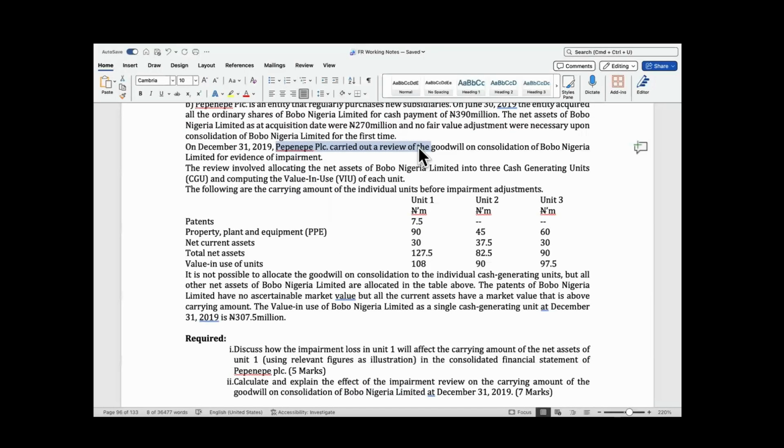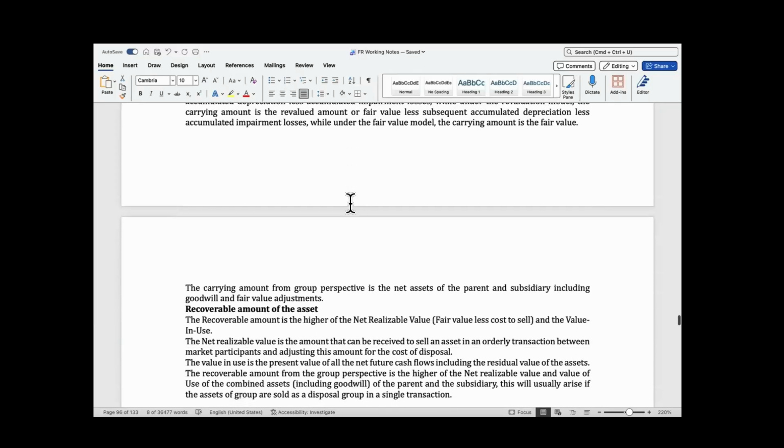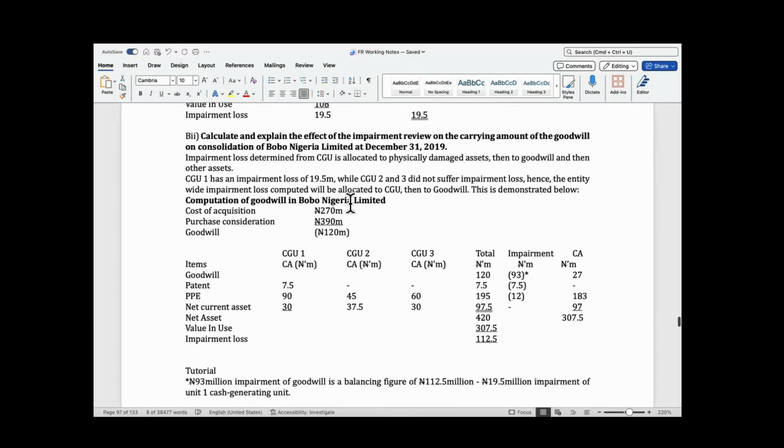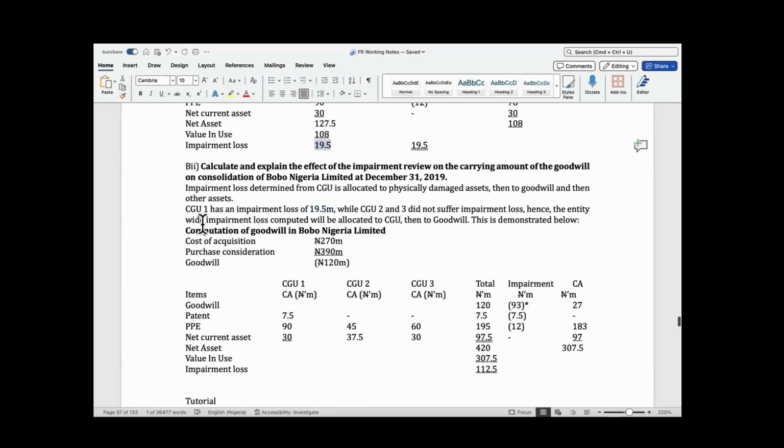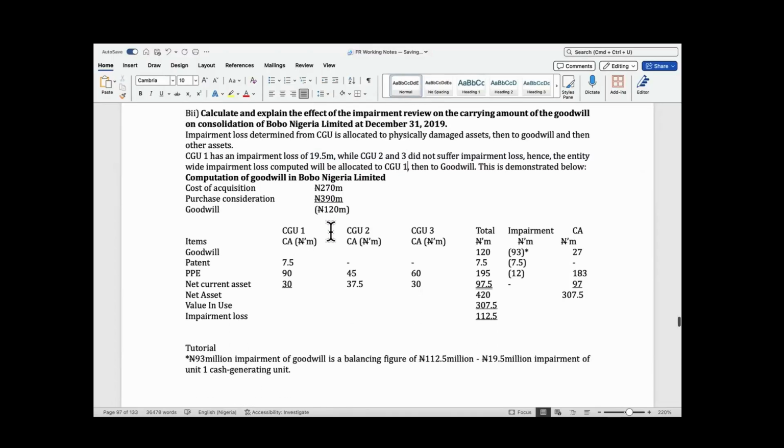To do that, you will need to assess the whole business, the entire business, which is what we did in the solution here. I said impairment loss determined from CGU is allocated to this and this. CGU1 has an impairment loss of 19.5, while CGU2 did not suffer impairment loss, hence the entity-wide impairment loss computed is allocated to CGU1, then to goodwill, and this is demonstrated below.